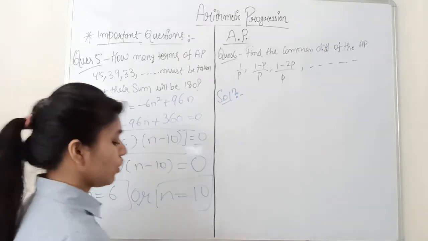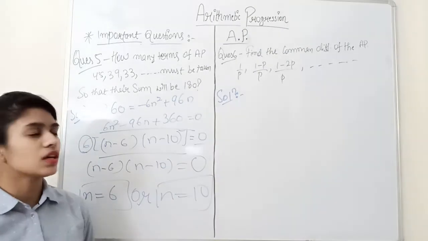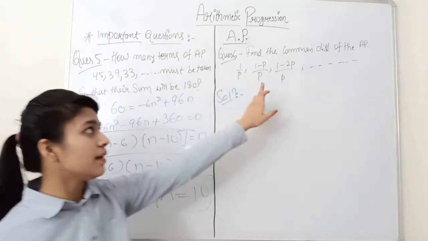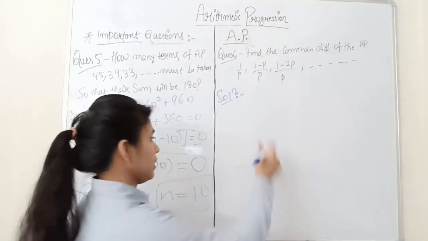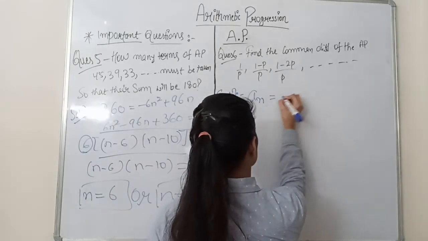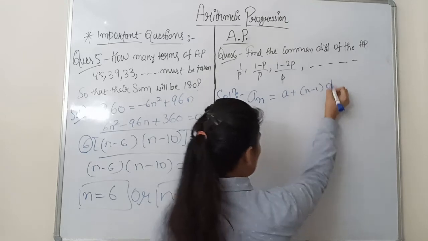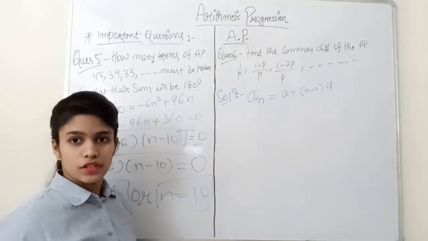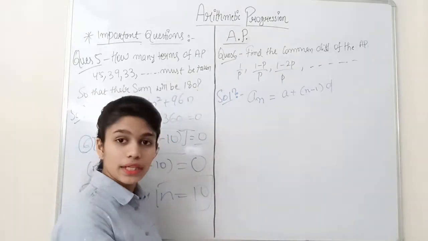Okay. Now our next question is, find the common difference of the arithmetic progression. Terms are 1 by p, 1 minus p by p, 1 minus 2p by p. What is an? A plus n minus 1 into d. We have to find out the value of d, which is the common difference. D is a2 minus a1.